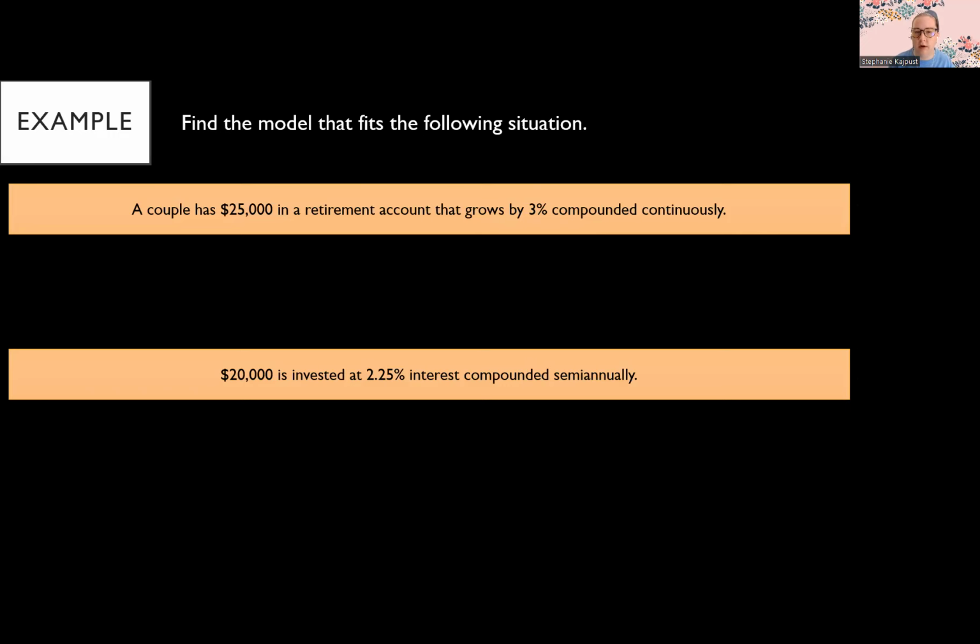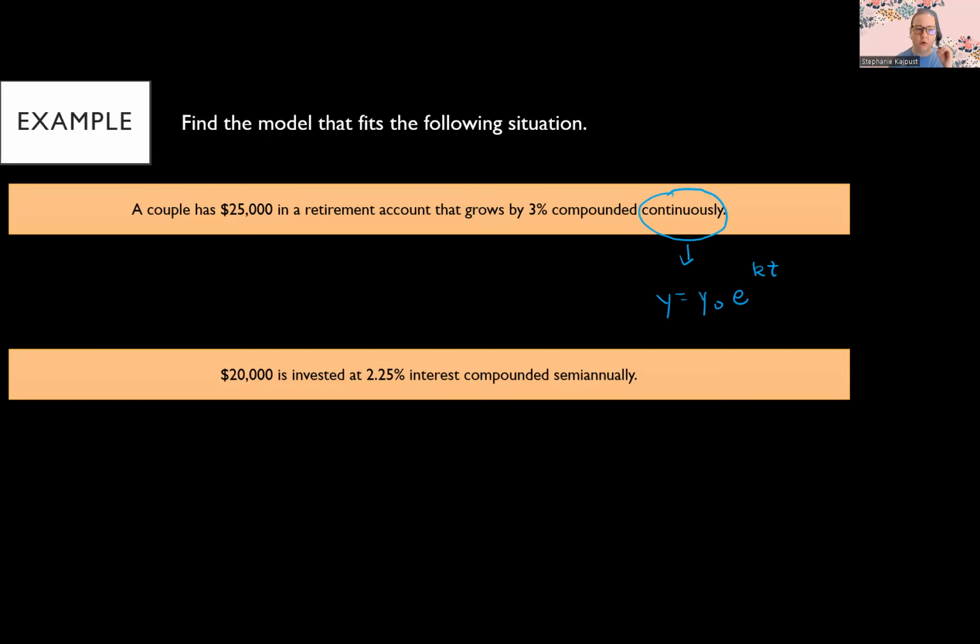So our first one: a couple has $25,000 in a retirement account that grows by 3% compounded continuously. So you're looking for key words here. And the word continuously, that word tells us we're using the model y equals y naught e to the kt.